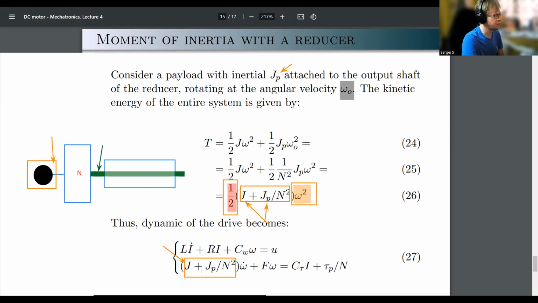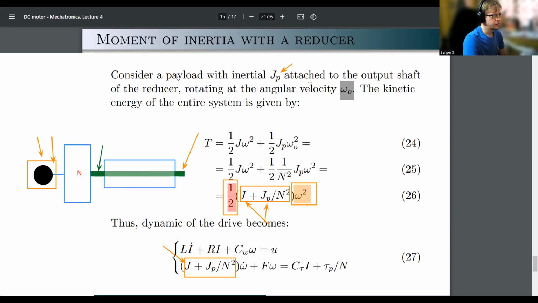It would just be multiplied by n squared. And this again would kind of make sense, because then what would happen is we would say internal shaft of the motor is much more important because it rotates n times faster. And any change of angular velocity would be n times higher there than the output shaft. So this is what's going on here.